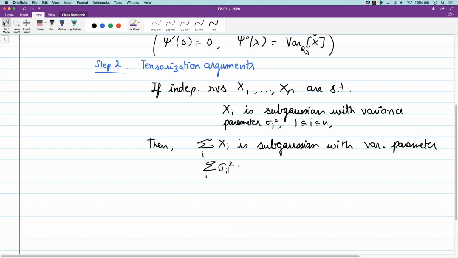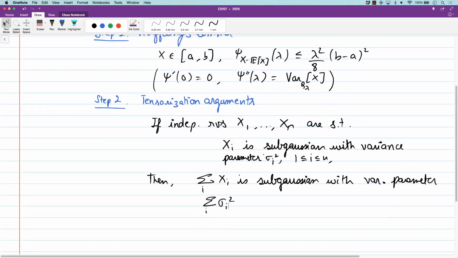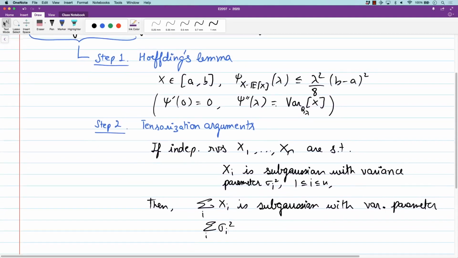This is a property of sub-Gaussian random variables. So this argument allowed us to extend the bound that we have for one dimension to the bound that we have for n dimensions. We only have to add the bi minus ai now.